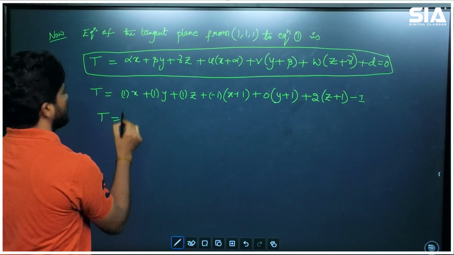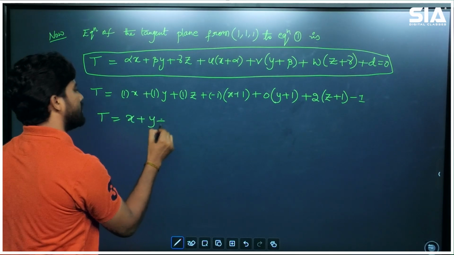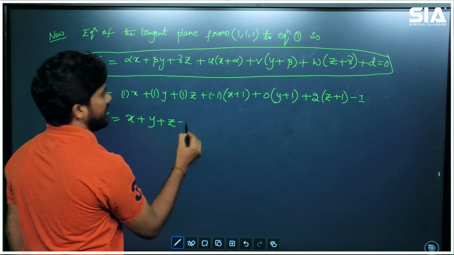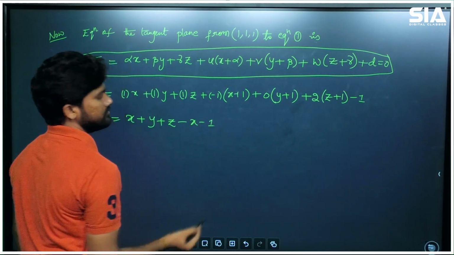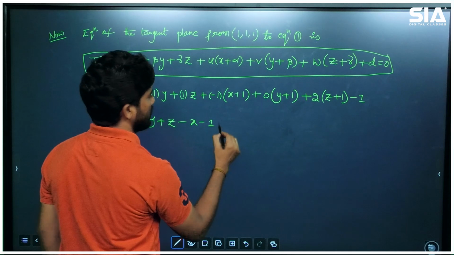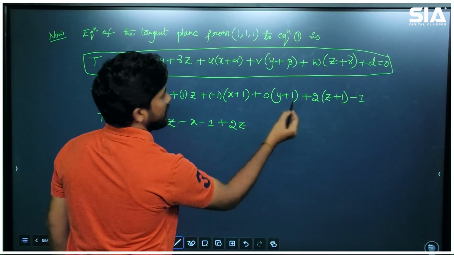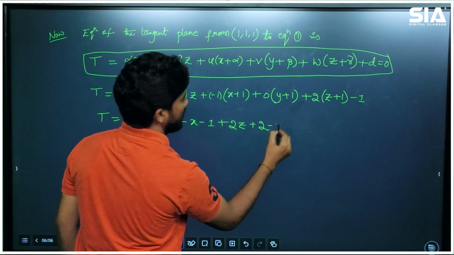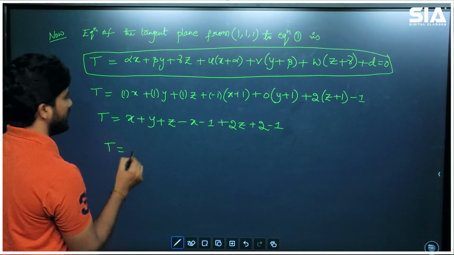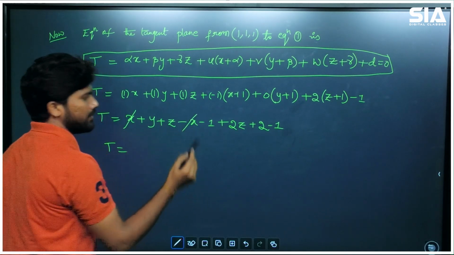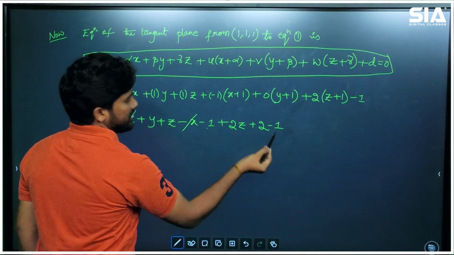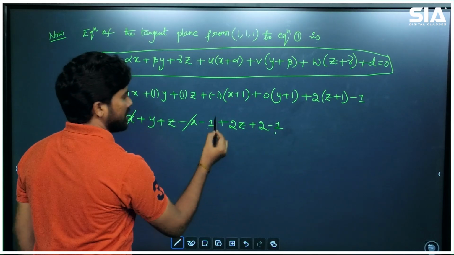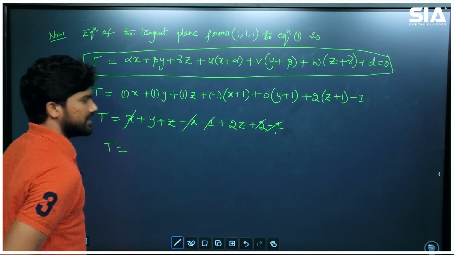So capital T is equal to x plus y plus z minus x plus 1 minus x minus 1 into 1 minus 1, okay, 0 into something is 0, plus 2z plus 2 into 1 plus 2 minus 1. So therefore capital T is equal to plus x, minus x gets cancelled, and minus 1 minus 1, minus 2 plus 2, these values also get cancelled.